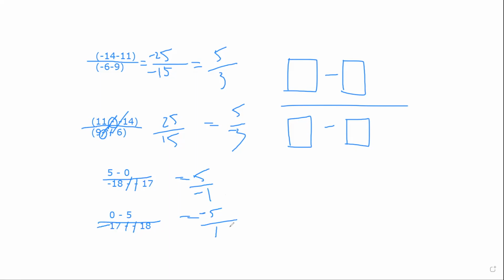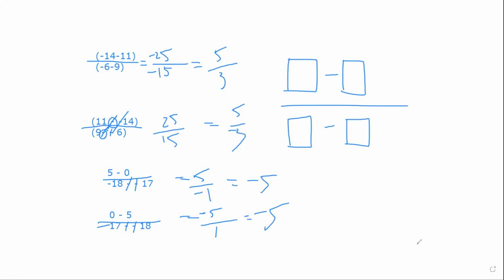Well, it goes back to the rules that we talked about from day one about integers. I mean, these are division problems, right? So we follow the rules for integers for division. Same sign positive, different sign negative. Since we're talking about fractions here, these are division problems. So in either case, I'm still going to write the slope as negative 5 because I got a negative number for one of the calculations.